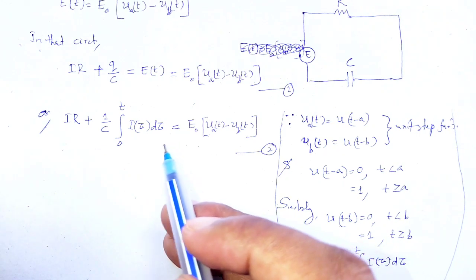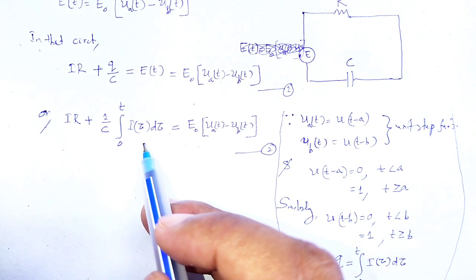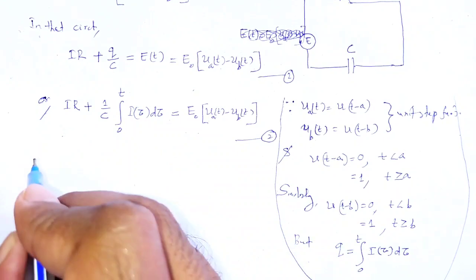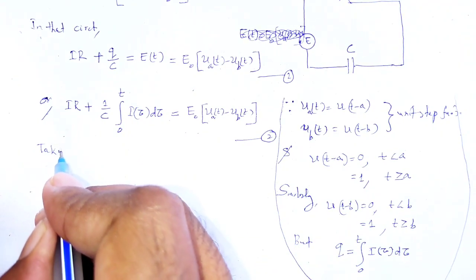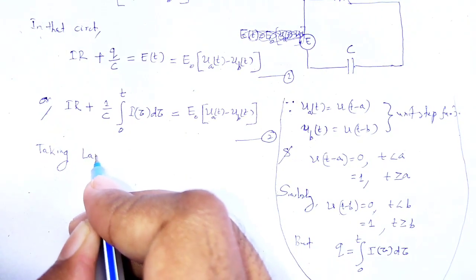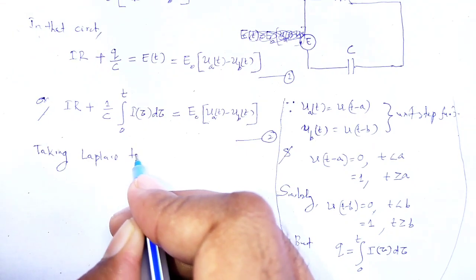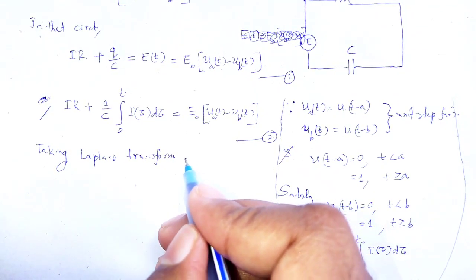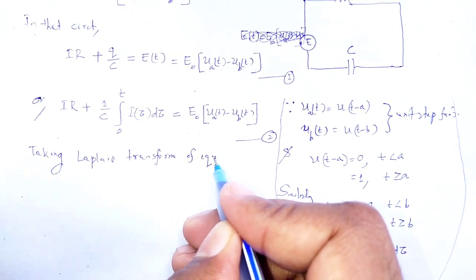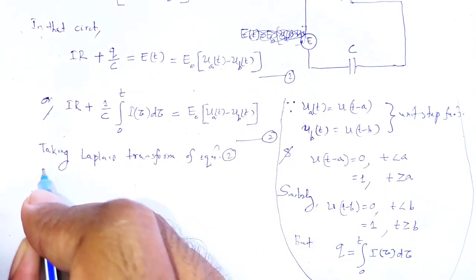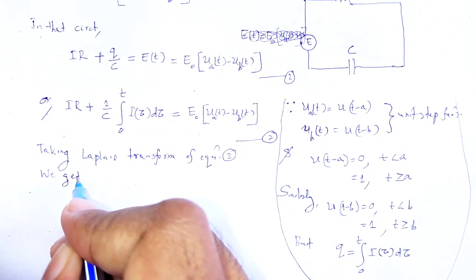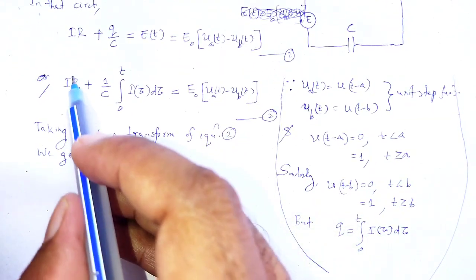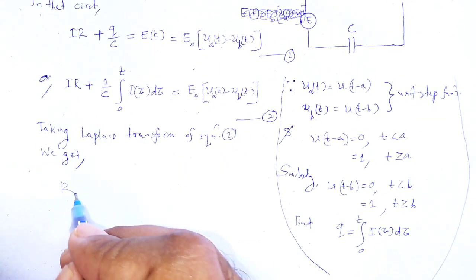Now, we apply the Laplace transform of that equation. Taking the Laplace transform of equation 2, we get, R as constant.